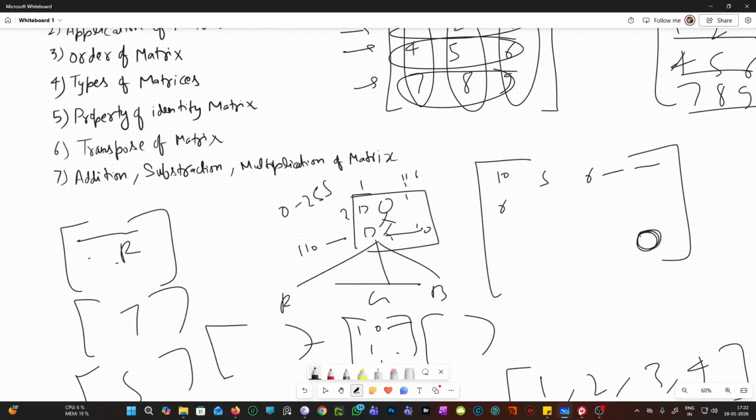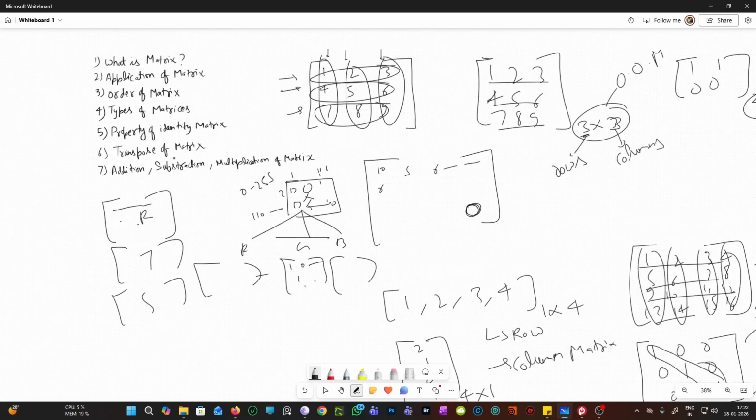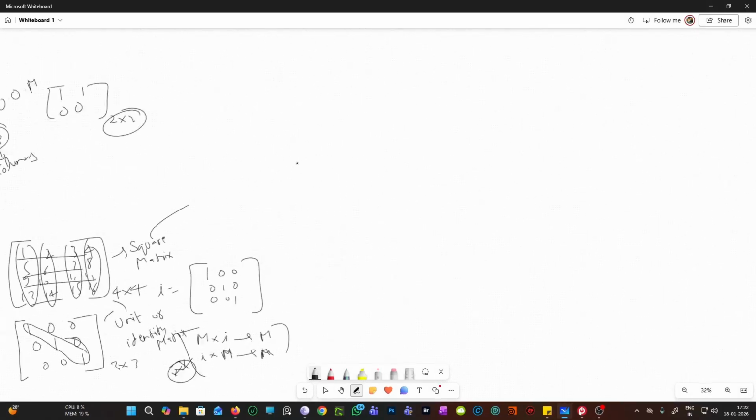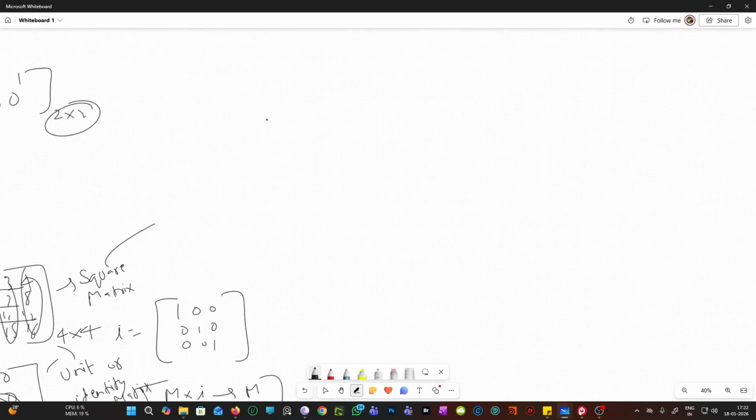And the next thing we have here is the transpose of a matrix. Okay, so let's say we have a matrix that looks like this: 1, 2, 3, 4, 5, 6, 7, 8, and 9. And this first element, let's call it A11 because it's in the first row and first column. Let's call this element A12 because it's in the first row and second column.